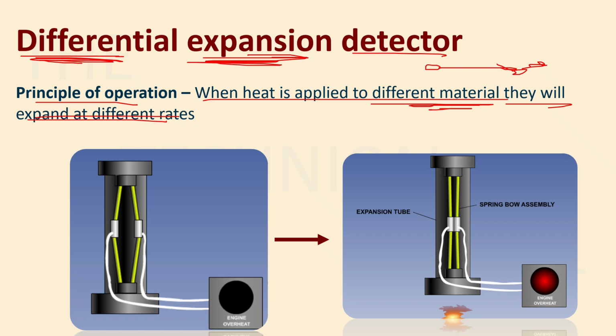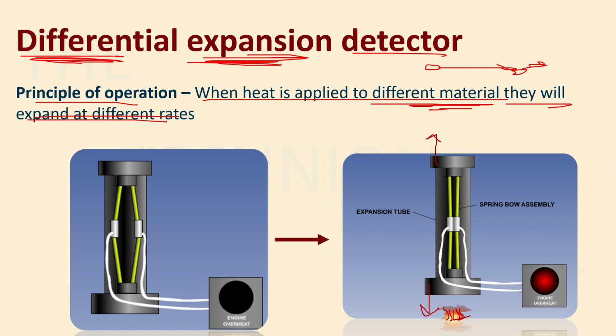In this diagram, you can see that we have an expansion tube. This black colored body is an expansion tube, and it will expand whenever heat is applied to it. In the second diagram, the heat is applied, so this tube has expanded upwards and downwards.